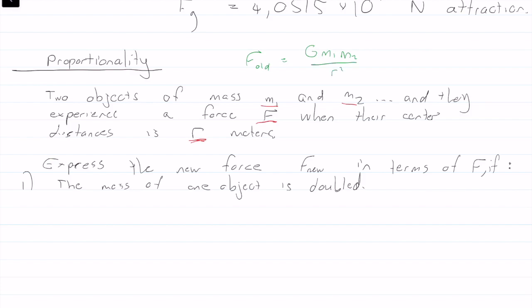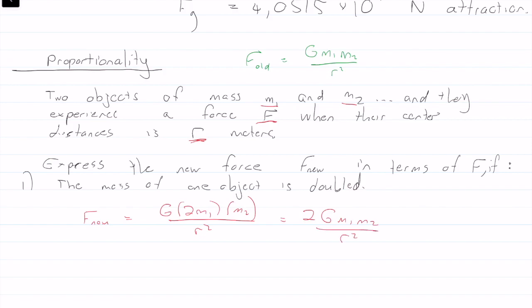Okay, now for this next question, F new is going to still be G. One of the objects is doubled, so I can pick. I'm going to just double m1. So 2 times m1 times m2 all over r squared. Okay, so now I'm going to pull out the 2, so I'm going to say 2 G m1 m2 over r squared.